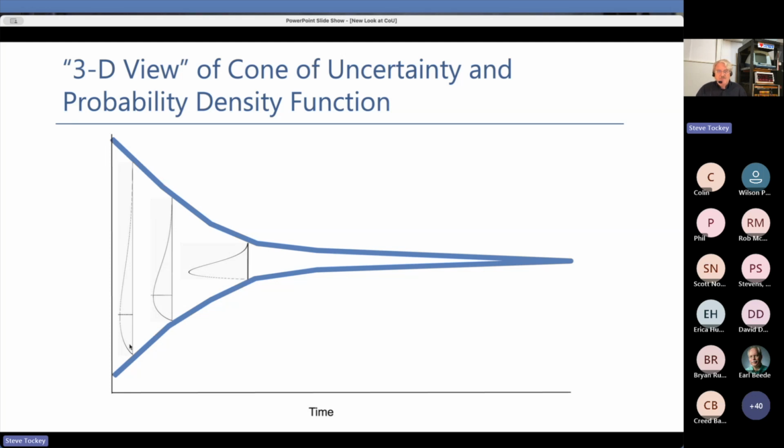And it's as if I'm taking that cone of uncertainty and I'm slicing it vertically, take a vertical slice, and then rotate it and look at the cross section. That's where that distribution sits.